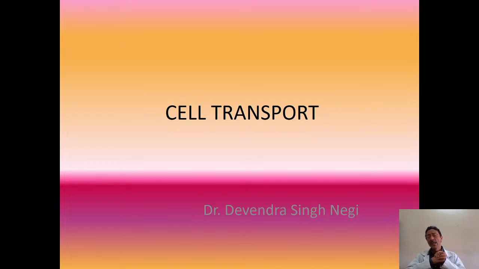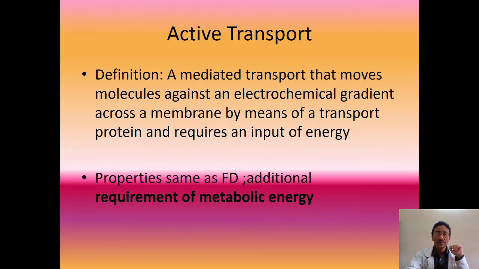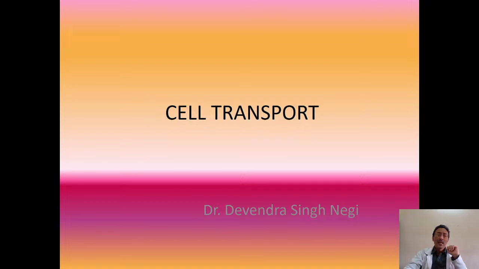Now, when we see the structure of the cell, you will find that the cell is limited in its activity or its environment by a membrane which is called the cell membrane.